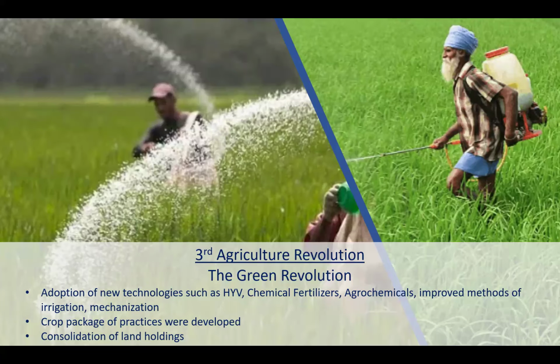This was when high yielding varieties were introduced. Chemical fertilizers were introduced because when you have high yielding varieties, definitely the crop will demand more chemicals.